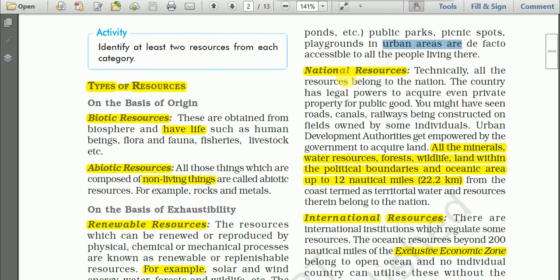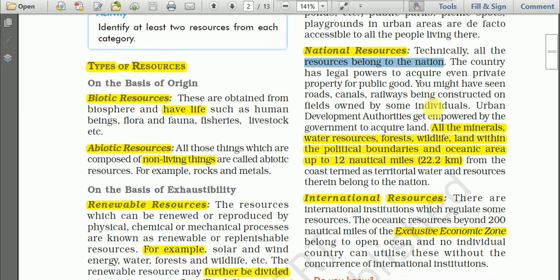Then the third type of resource based on ownership is national resources. Technically, all the resources belong to the nation. My plot of land, my well, my pond, all these belong to the nation. As we mentioned earlier, I am owning land against the payment of revenue, that is taxes.